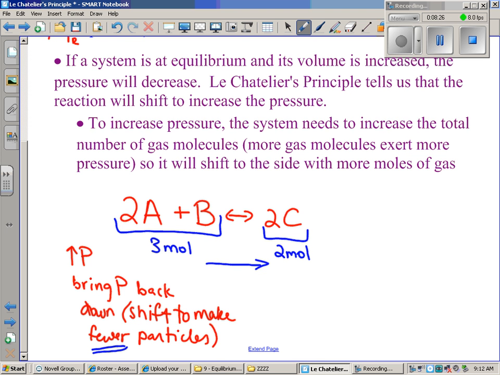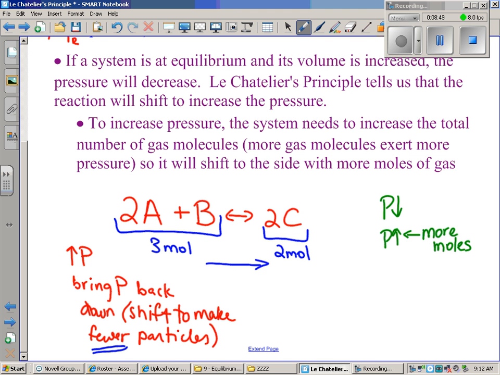Now, if you were asked the same question, but instead told that the pressure decreased, so the pressure went down, now what you need to do is bring the pressure back up. And the way that you do that is by going to the side with more moles.